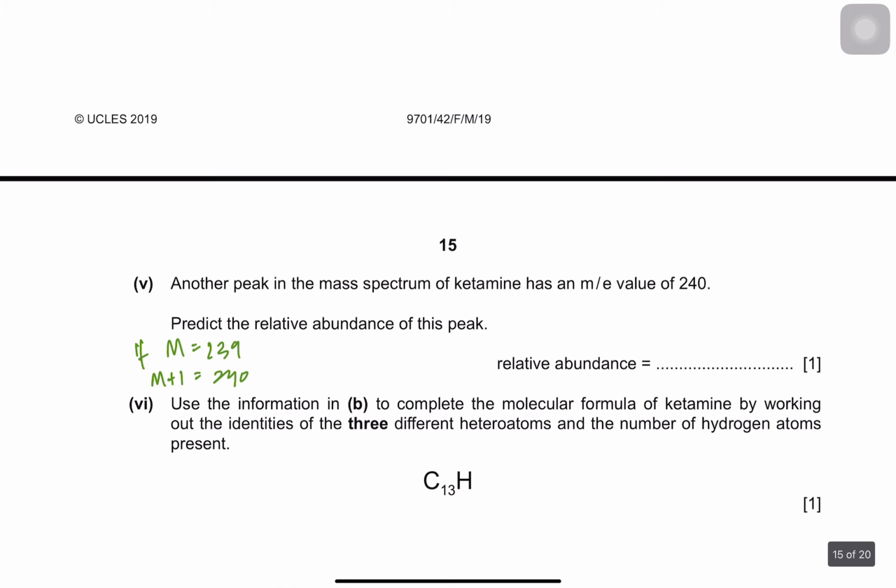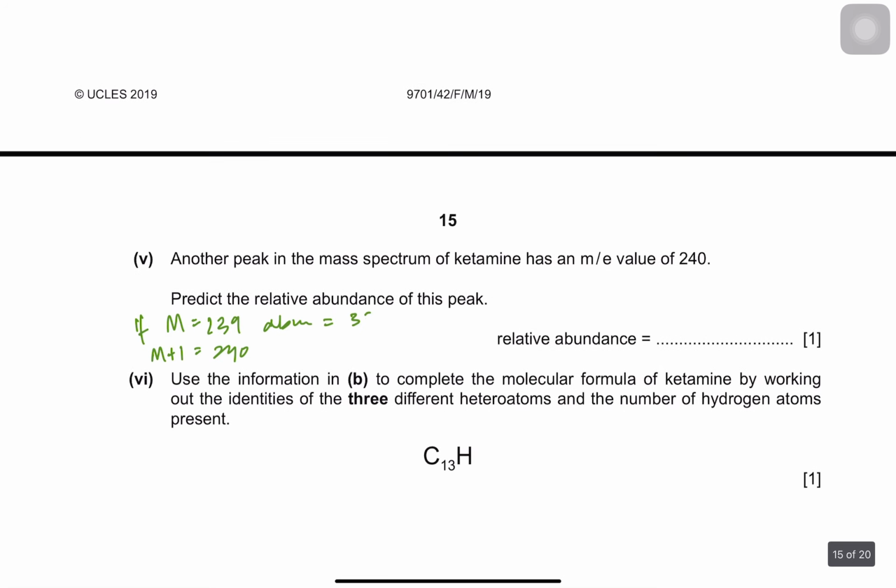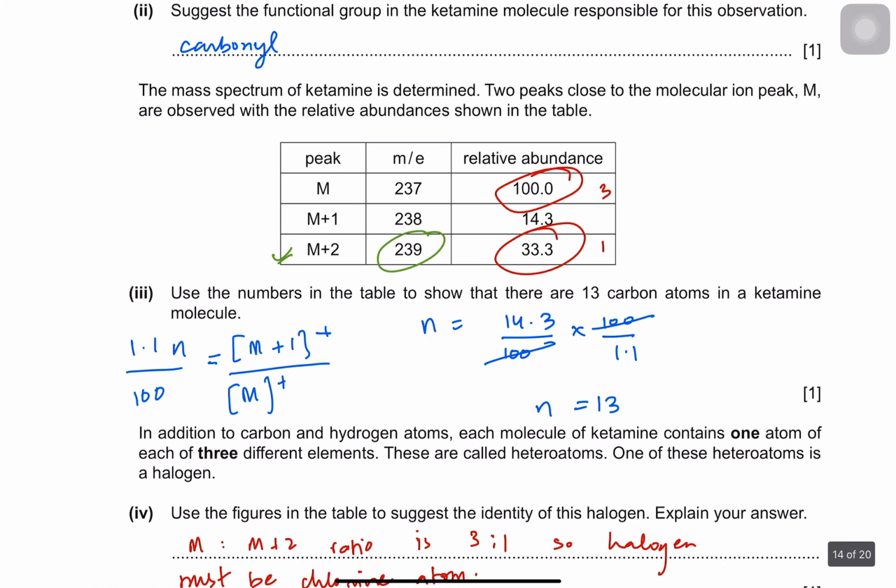So the abundance of this is 33.3. So how much will this be? We have the formula very simply which we used over here recently. 14.3 over 100 times 100 divided by 1.1.